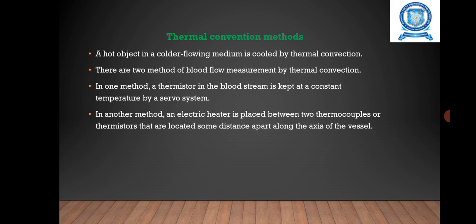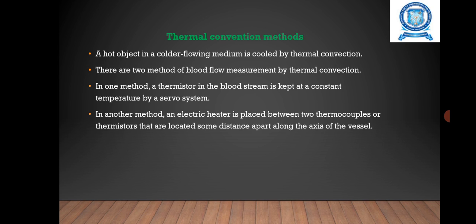Then the next one is the thermal convection method. In this method, a hot object in a colder flowing medium is cooled by thermal convection. The rate of cooling is proportional to the rate of flow of the medium. Here also we have two methods. In the first method, a thermistor in the blood stream is kept at a constant temperature by a servo system.